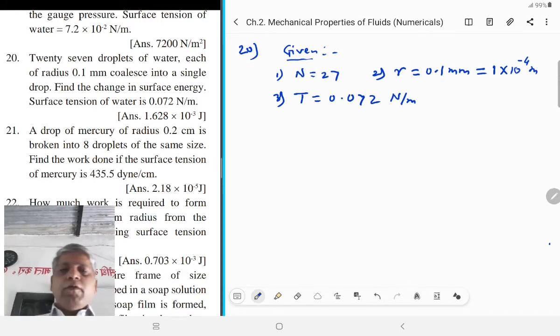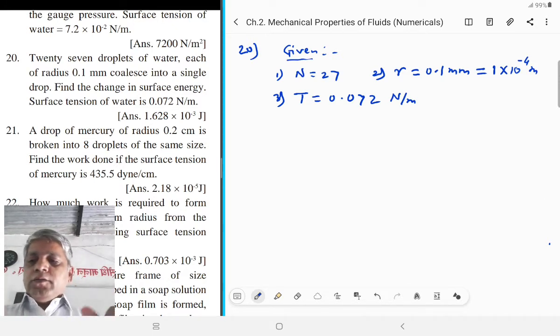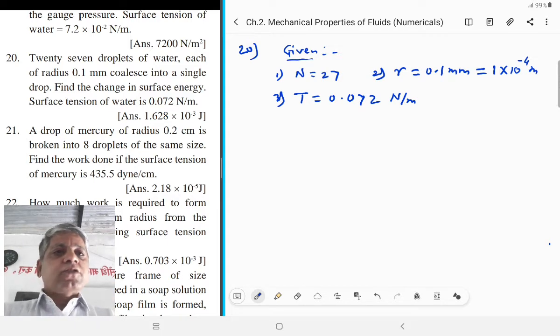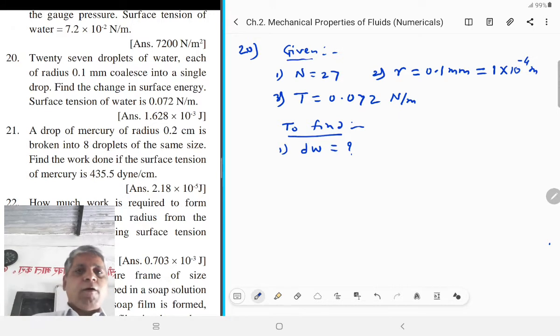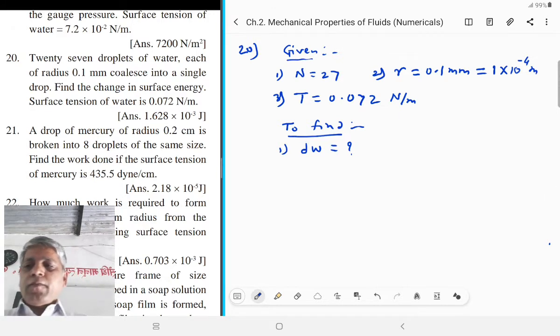Now to find out the change in surface energy, that is the work done during the change in surface area of the drops, this is to be found out.